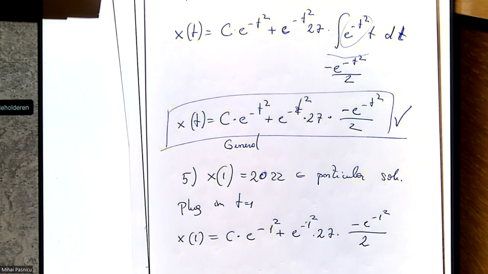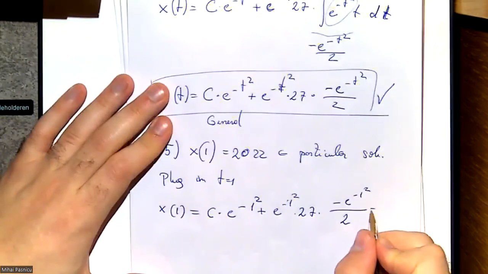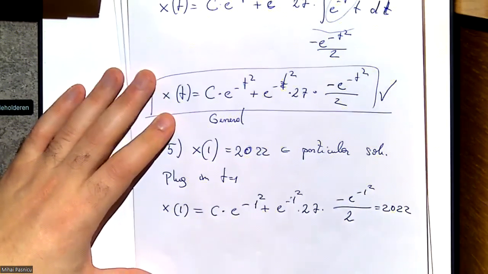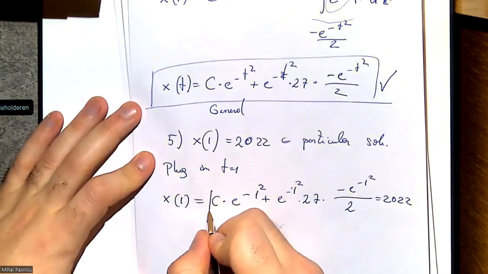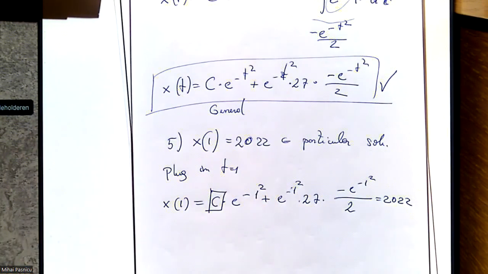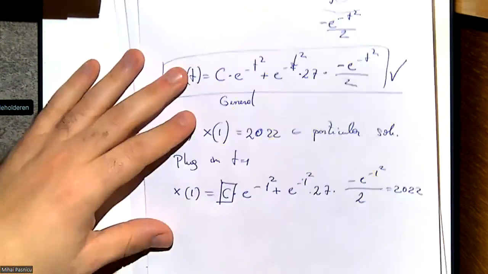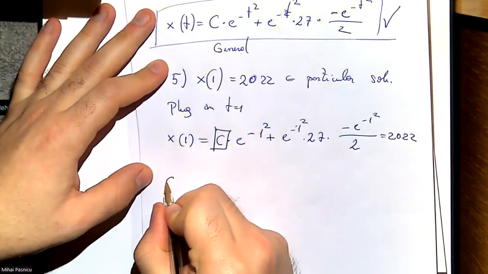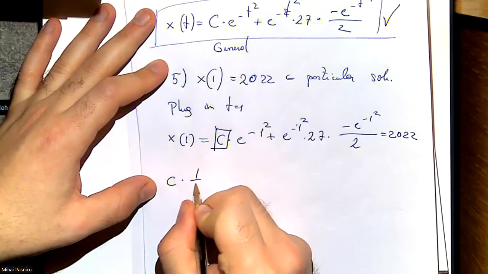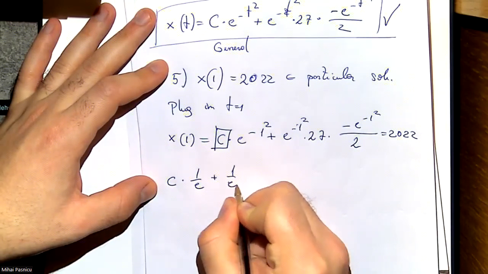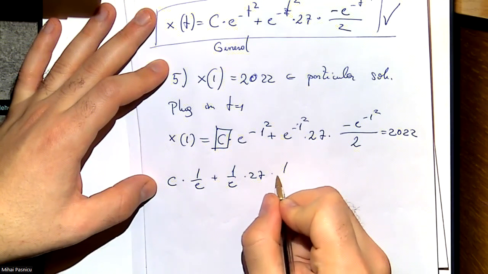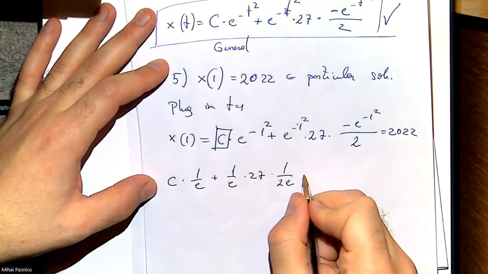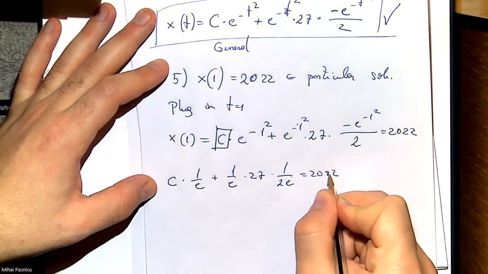Okay? And I need this to be 2022. So they're basically just asking me to compute the c such that this works out. So I have c times 1 over e plus 1 over e times 27 times 1 over 2e equals 2022.